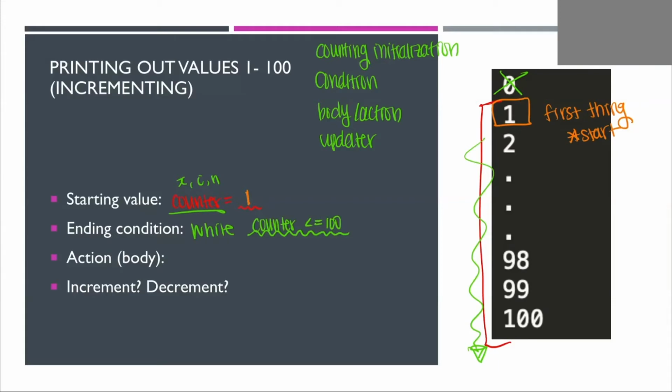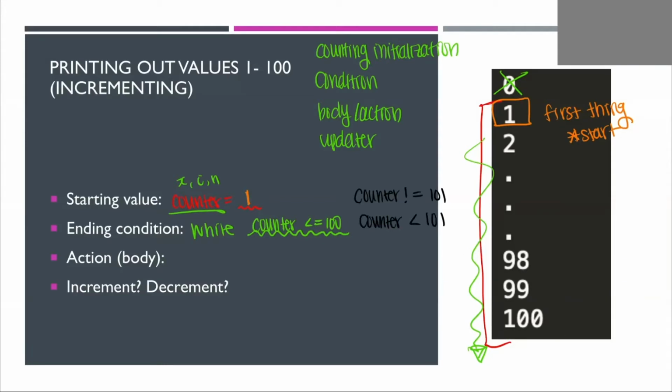So there's actually more than one answer for this. Just to list a few others, you could also have while counter is not equal to 101. You could do while counter is less than 101.